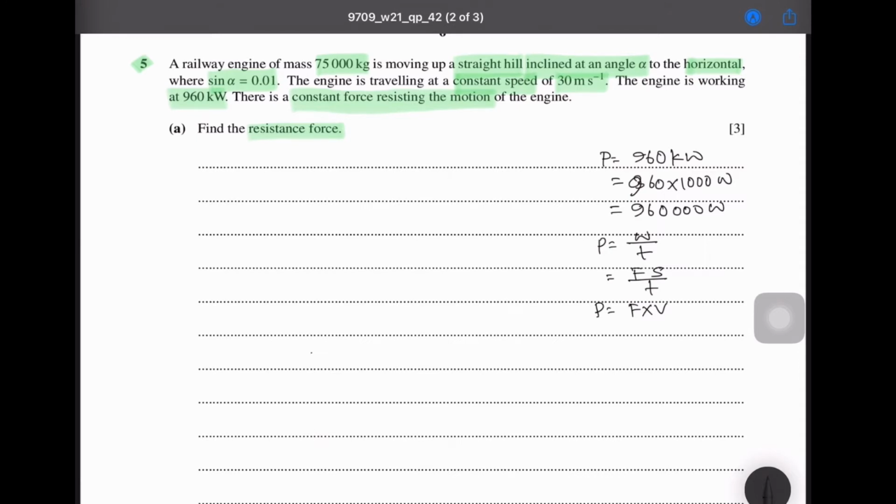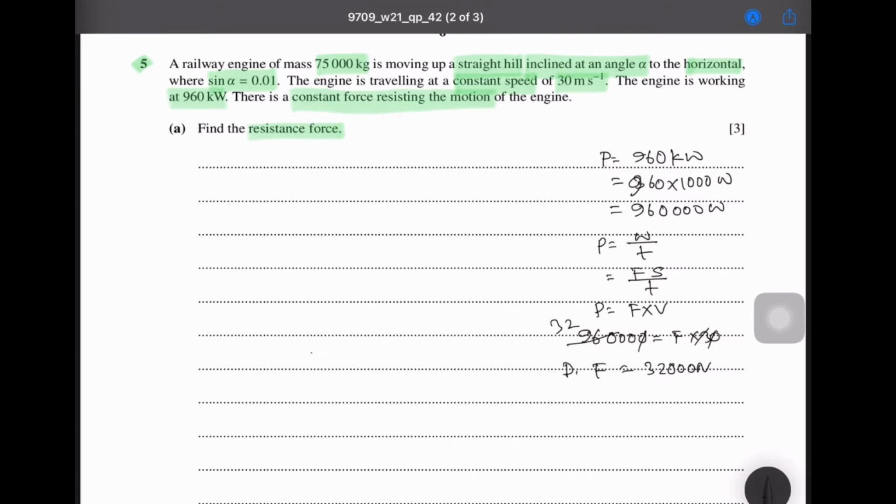So 960,000 equals force into velocity, which is 30, so F equals 32,000 Newton. Let me consider this as driving force.